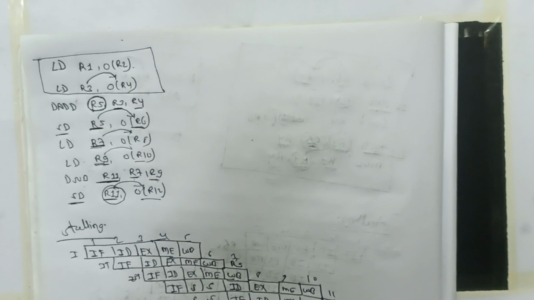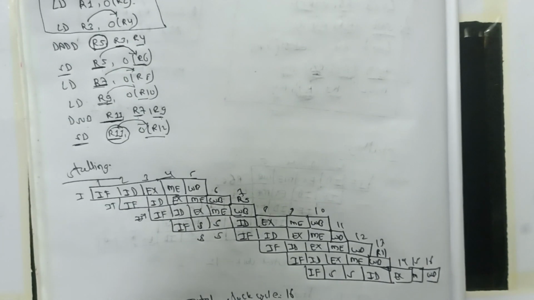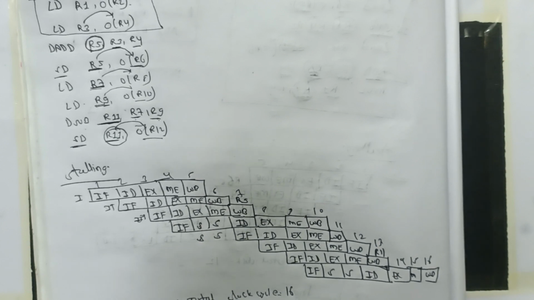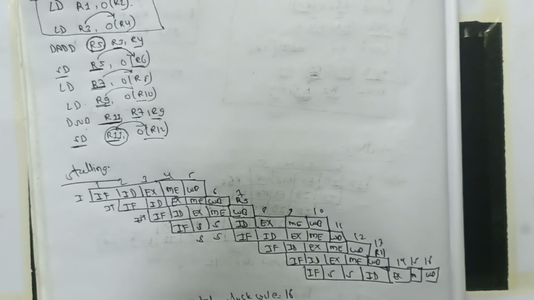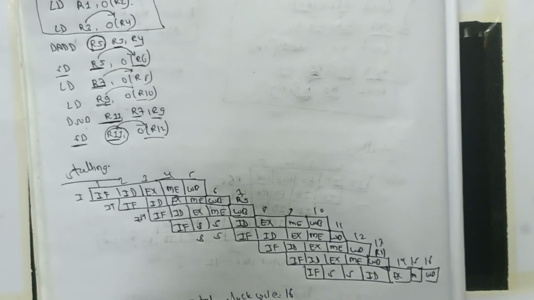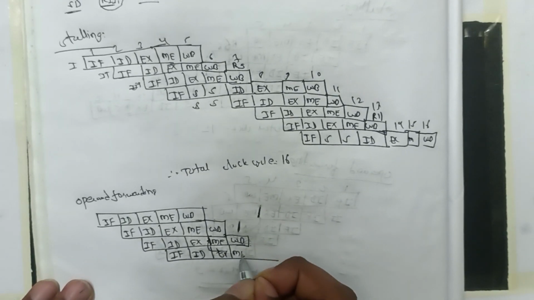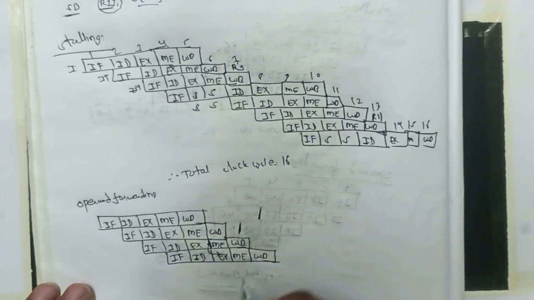Okay, see, IF, then I take the wrong value first, ID, because I will get the value of R5 from after execution. It means ID, and before execution the value is operated, so EX, MEM, WB. No need of stalling here.